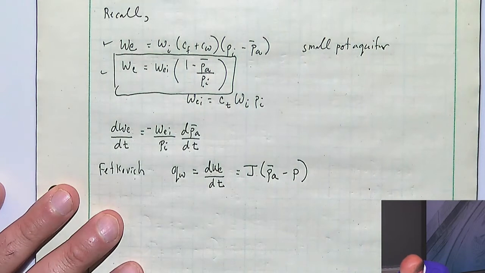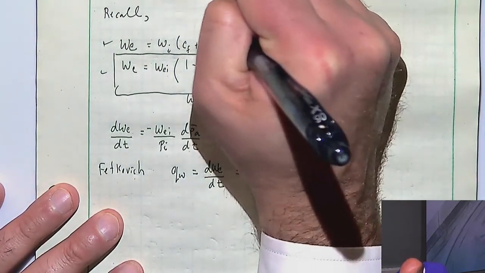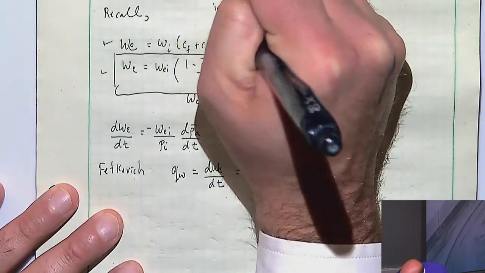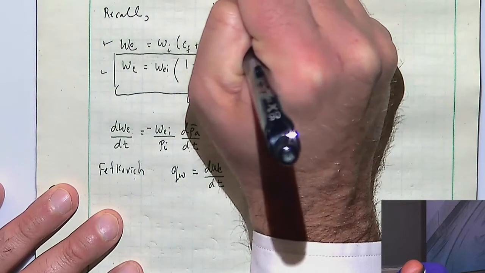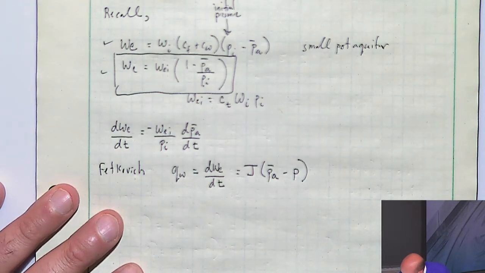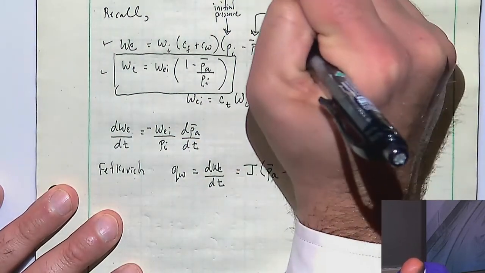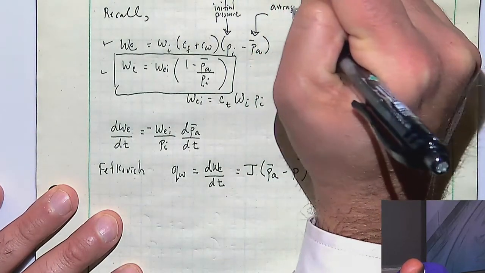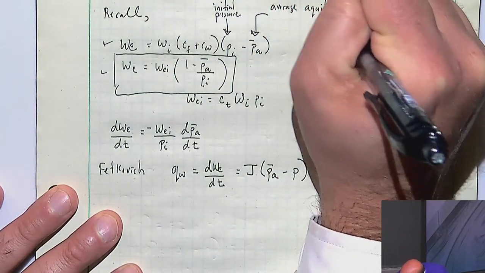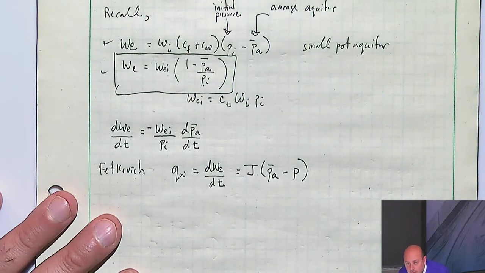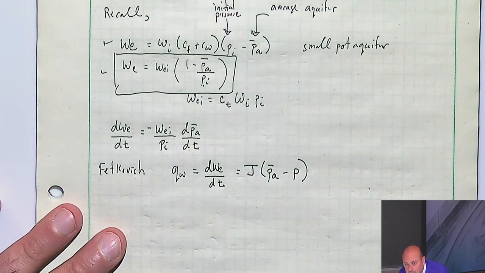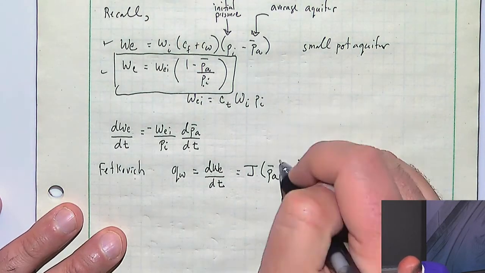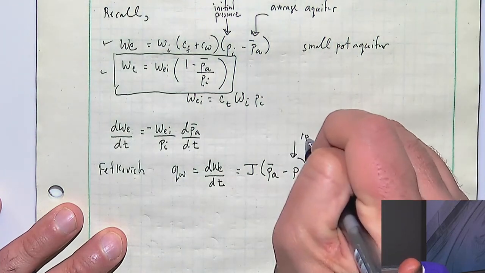I should say we have a lot of different P's here. PI is the initial pressure, the same for our purposes in the reservoir and the aquifer. PA bar is an average aquifer pressure, averaged because it might vary over the aquifer, but we give it one value. And this P here is the reservoir pressure.